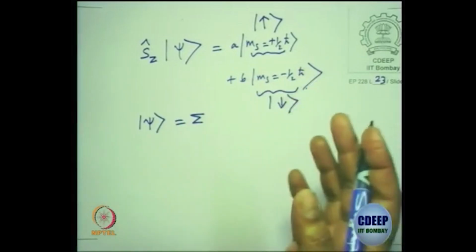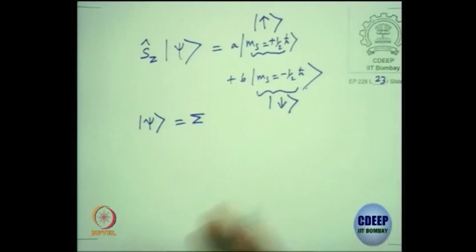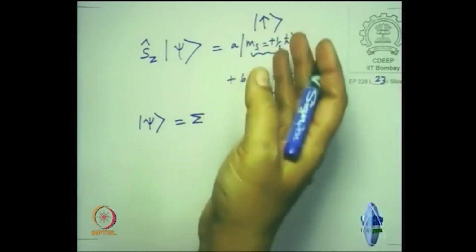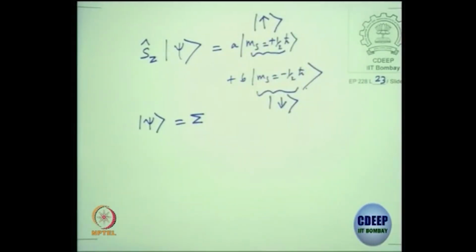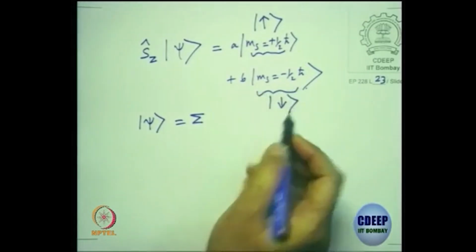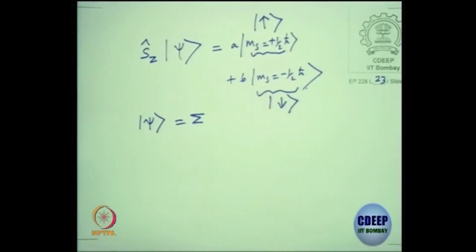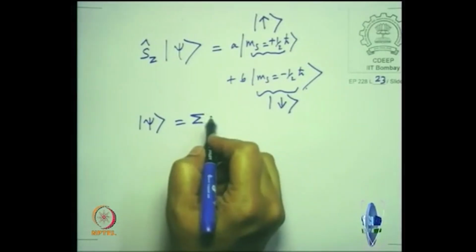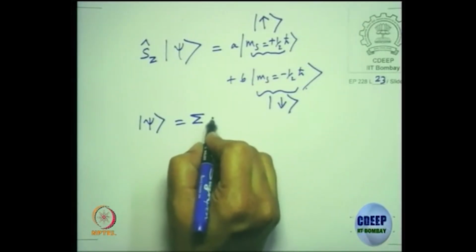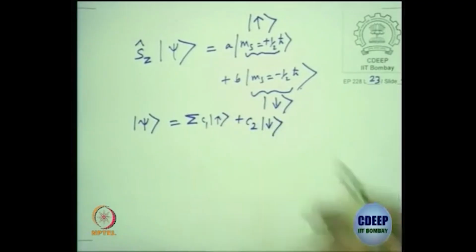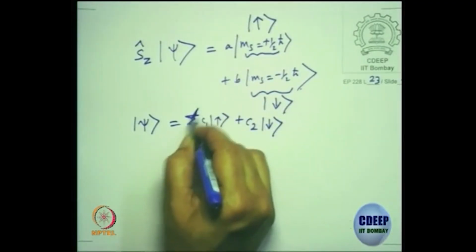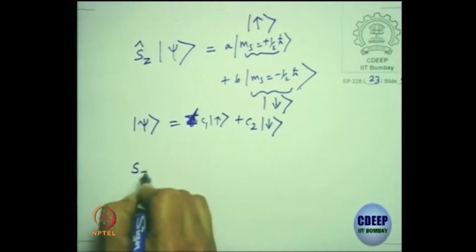If you try to measure the eigenvalue for the Sz operator, it will be plus half h cross, which I can formally denote as pointing in the up direction, and minus half h cross pointing in the down direction. This is just a symbolic way of denoting. So you can in principle write it as a linear combination of up spin with some coefficient C1 times up plus C2 times down spin. There is no need for a summation. How will you write the Sz operator?